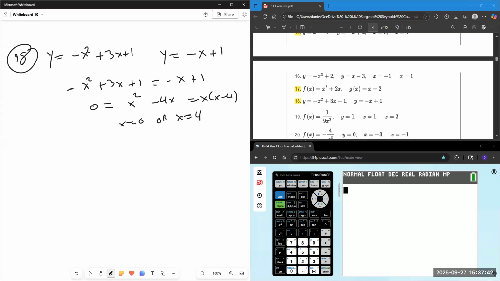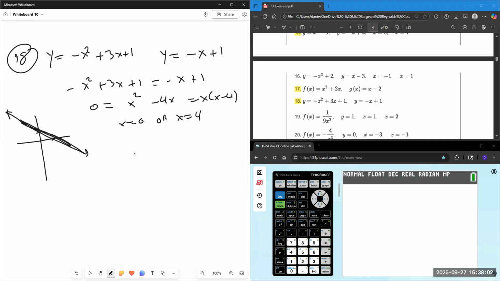So looking at the graph, negative x plus 1. So this, then negative x squared plus 3x plus 1.